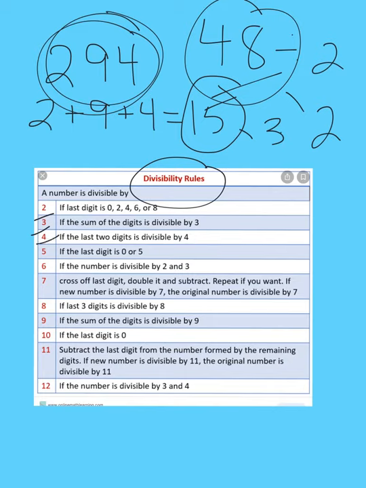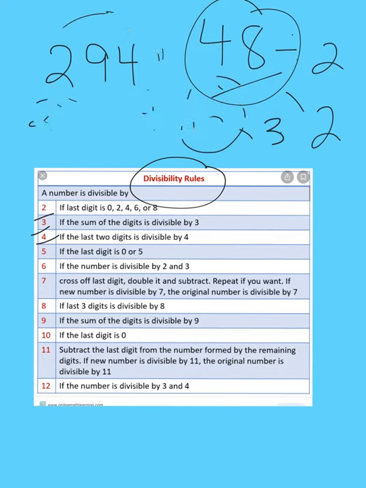Okay, going to the next rule, how to know if a number is divisible by 4: if the last 2 digits are divisible by 4. So for example, if the number is 524, now we're looking at the last 2 digits, which is 24. 24 can be divided by 4.